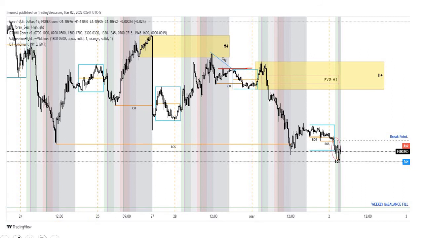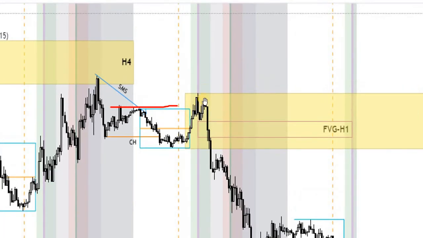Now why am I focusing on that area really? As you can see, this is the Asian range or Asian session, and you see this price clearing this liquidity above the Asian high, and then we have a bearish move down, breaking the structure, and then we expect what?